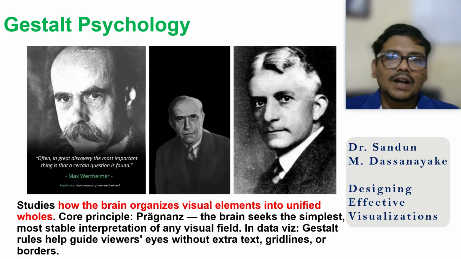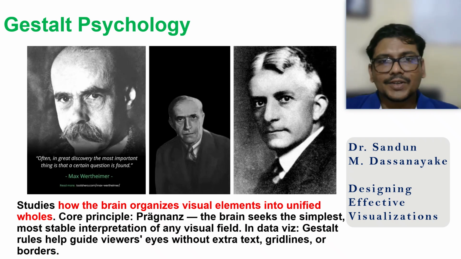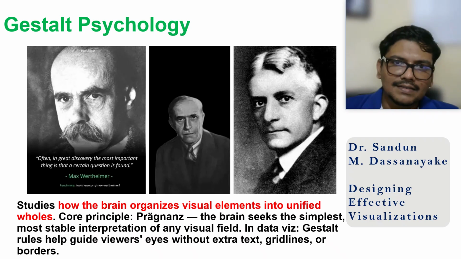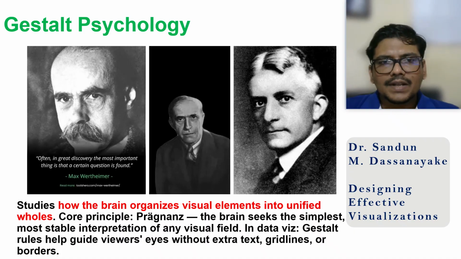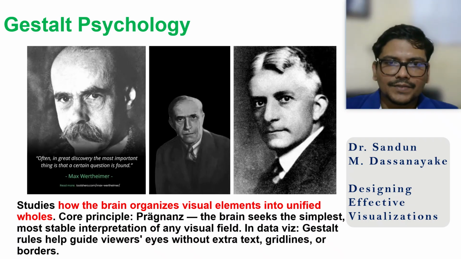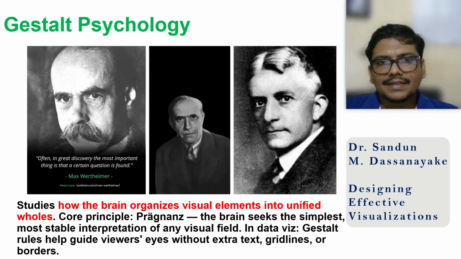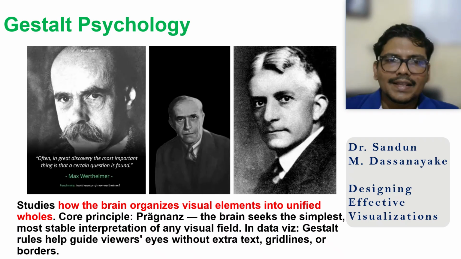Let's now explore how our brains make sense of visual information through Gestalt psychology. This was developed by German psychologists in the 1920s. This is a very interesting area. How does the mind take a jumble of dots, lines, and shapes and instantly organize them into a meaningful picture?